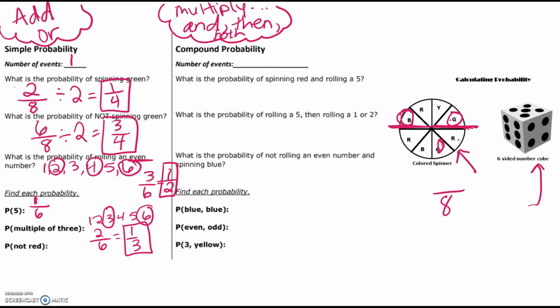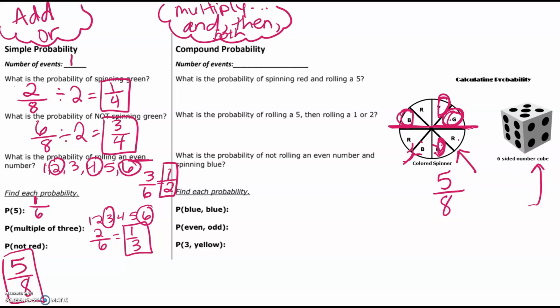So we have not red 1, 2, 3, 4, and 5. Again, my computer screen's a little bit messed up, so I counted that B for blue as 5. So we have 5 that are not red. So we have 5 not red out of 8. And that does not simplify, so that is our final answer.